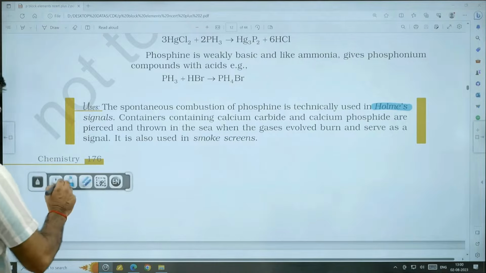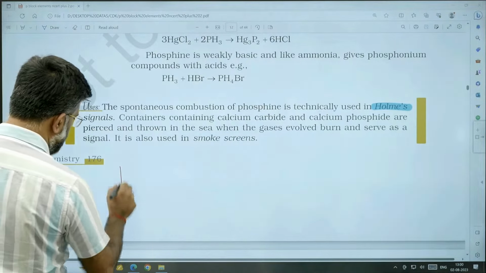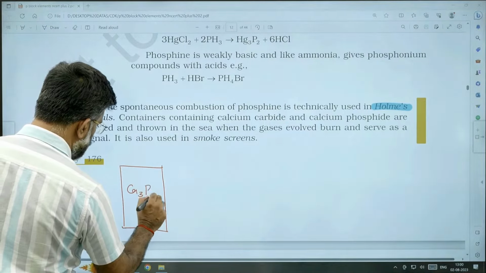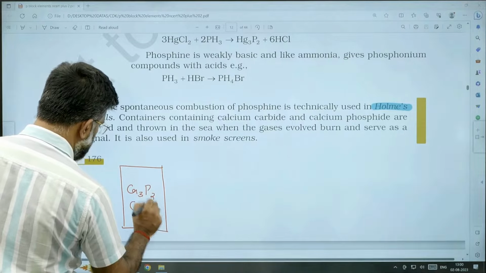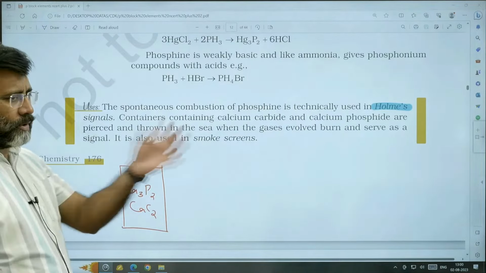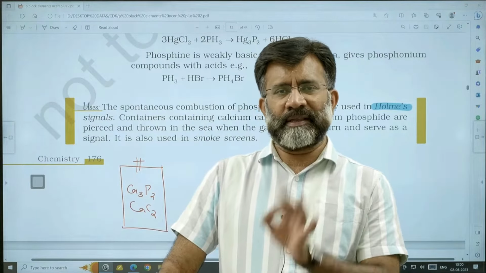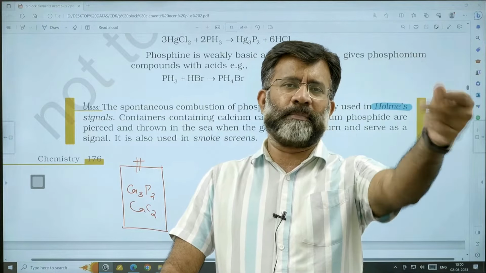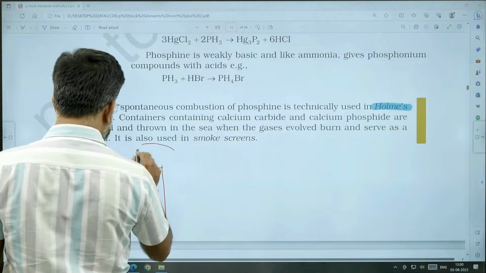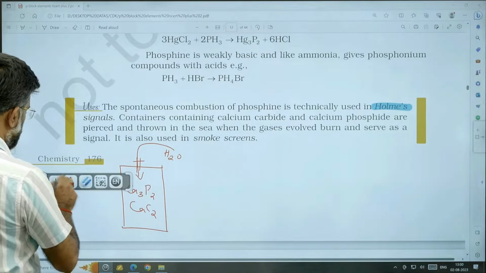In case of an emergency, the cap of the cylinder is opened and thrown into seawater. Water will enter the system and it will undergo hydrolysis.